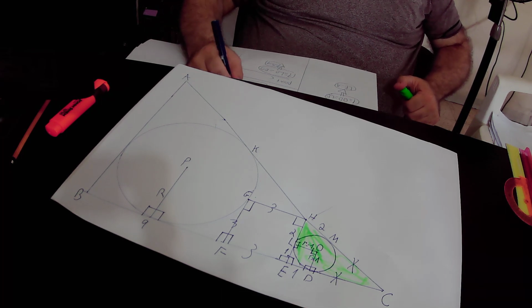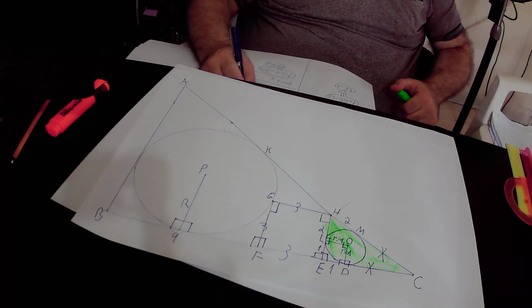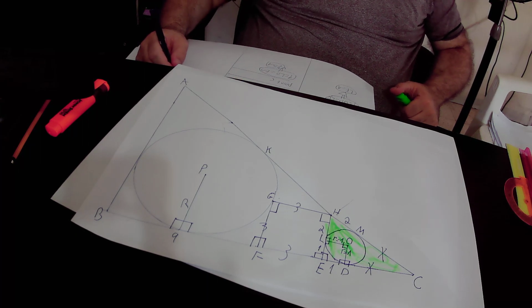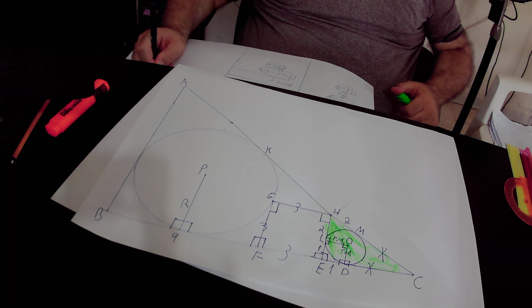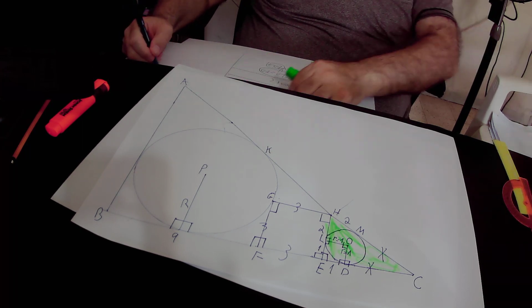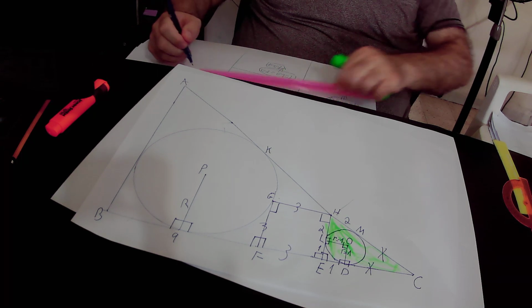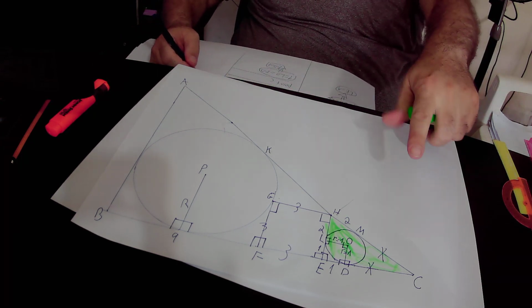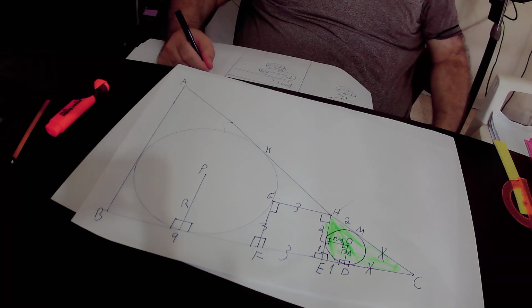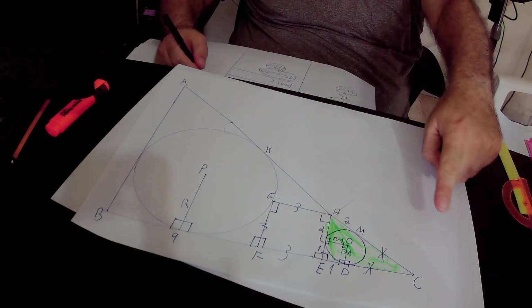According to the Pythagoras theorem, the square of the hypotenuse equals the sum of the squares of the perpendiculars. Here the hypotenuse is HC and the square of the hypotenuse is HC squared.